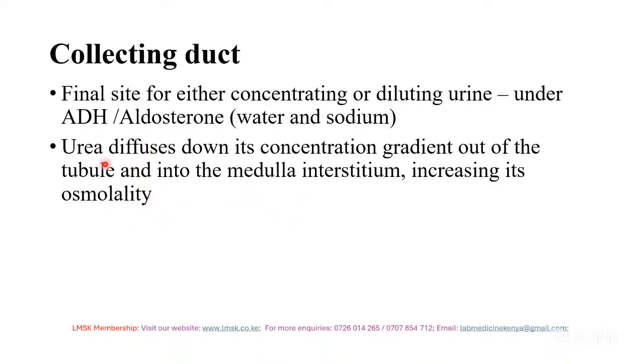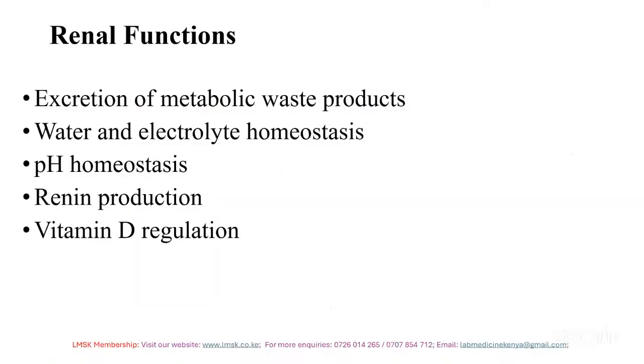So more urea is again reabsorbed back into the system at the collecting duct. So the kidney has a lot of capabilities to control urea, to excrete urea, and dysfunction happens only when more than 50% of the kidney has been damaged. That's when we shall start seeing a lot of urea accumulating in the body, and we can measure for that and tell whether it's normal or not through the urea tests or urea levels.